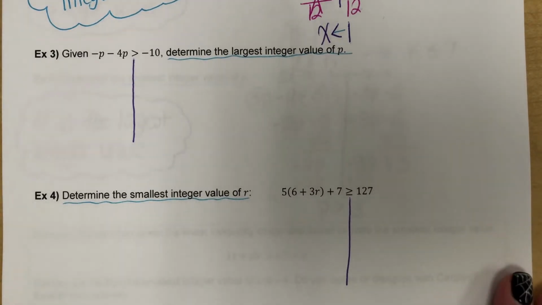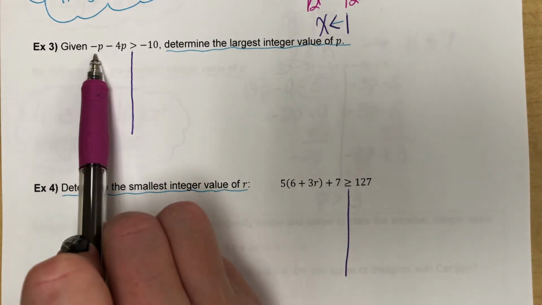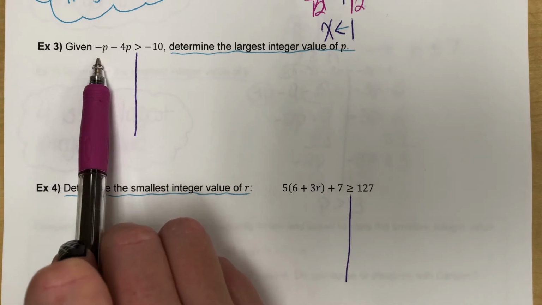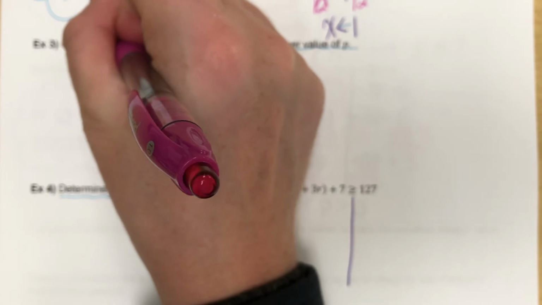Okay, let's look at 3 and 4. Number 3, same thing. You want to draw your train track and you want to underline the question to start. Okay, if I look at the left-hand side, these are both like terms, so I can combine those together right off the bat. So I have a -p and I have a -4p.